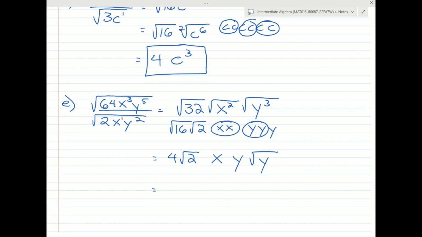The way we combine our final answer is we write everything on the outside, so 4xy, and then whatever's on the inside.